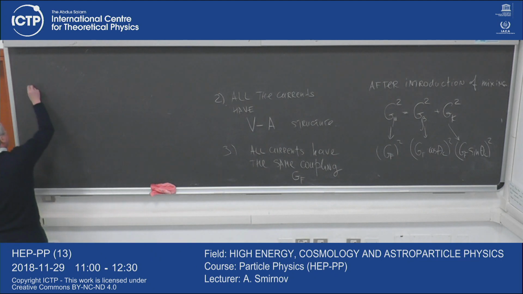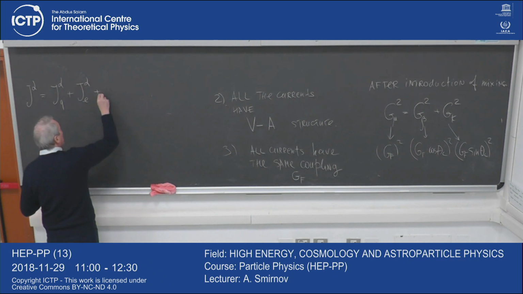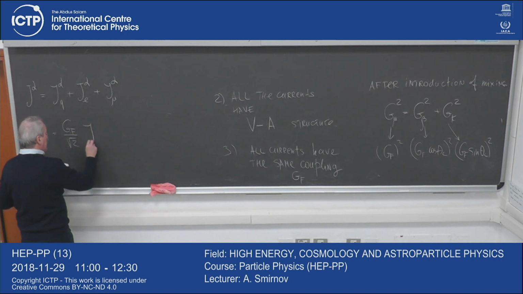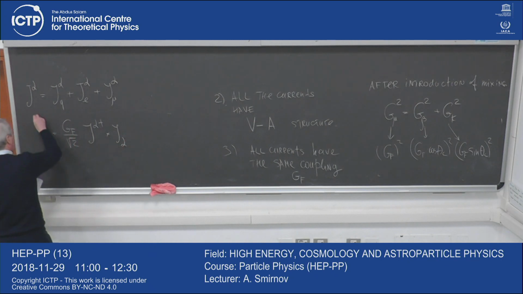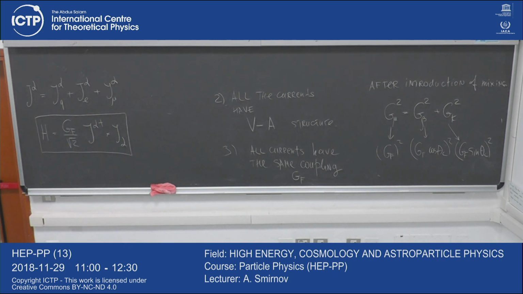We can introduce total current, which includes quark current plus electron current plus muon current, and then the Hamiltonian can be written as G_F over square root of 2 times J_alpha dagger times J_alpha. So the whole variety of the processes, and we just discussed a few of them, can be described by this simple expression, which is actually a great achievement.